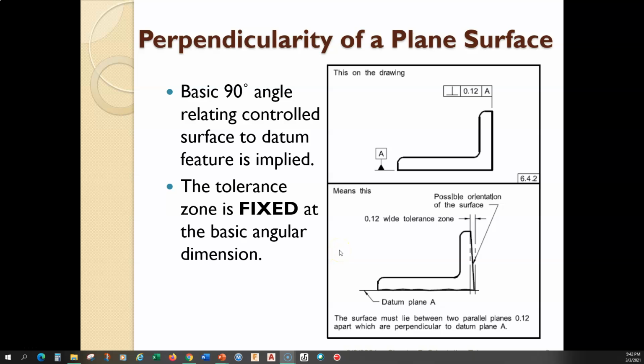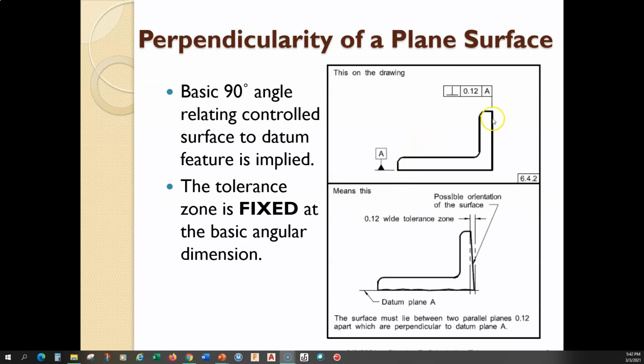All right, and then the last orientation tolerance is the perpendicularity tolerance. In the same way that we have parallelism, perpendicularity should be very straightforward and understandable for you.